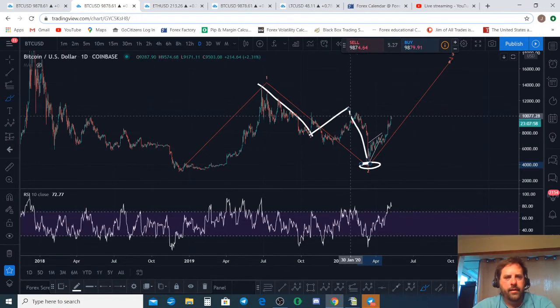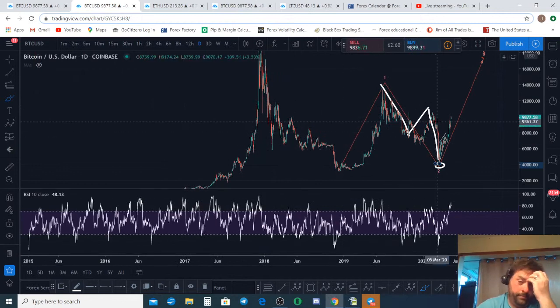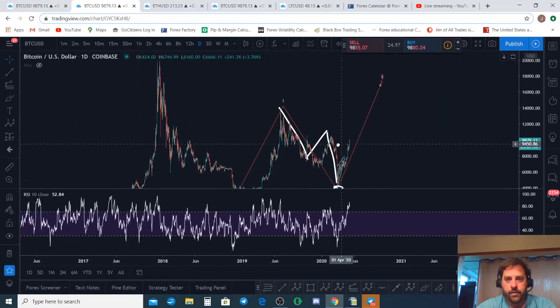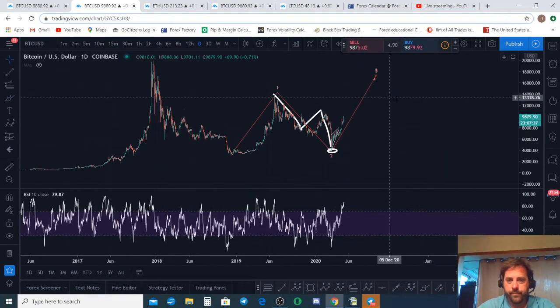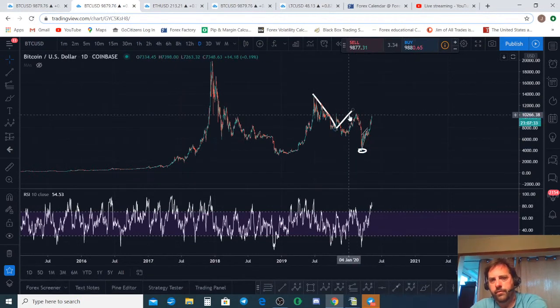Huge flat. Wow. Is it possible? We're making a huge flat.